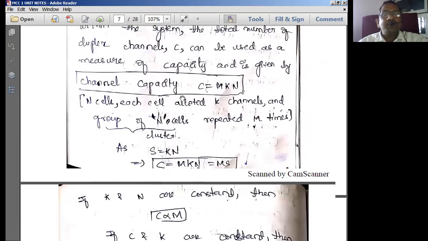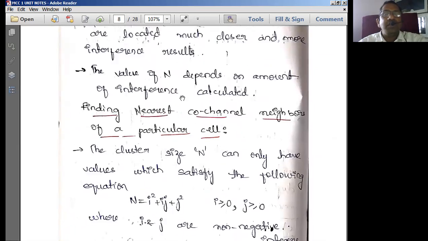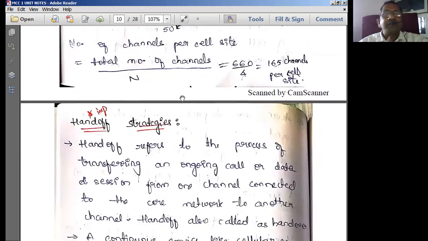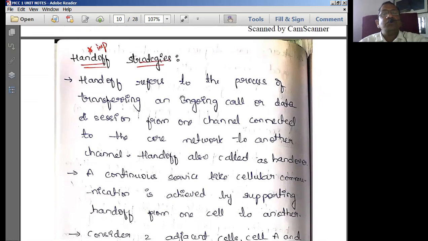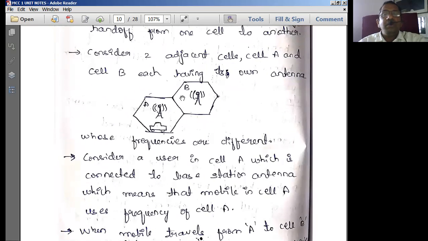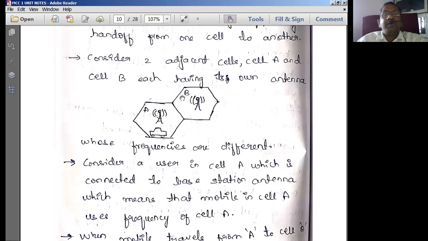Another very important concept is handoff strategies. We came to know in the previous topic that cell A and cell B, even though they come under the same cluster, are going to have different sets of frequency bands.